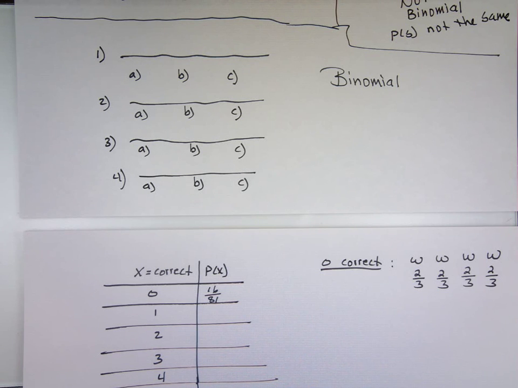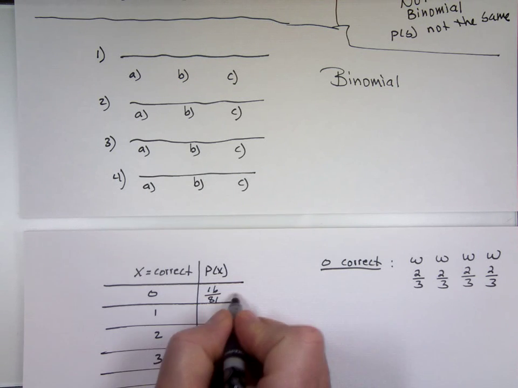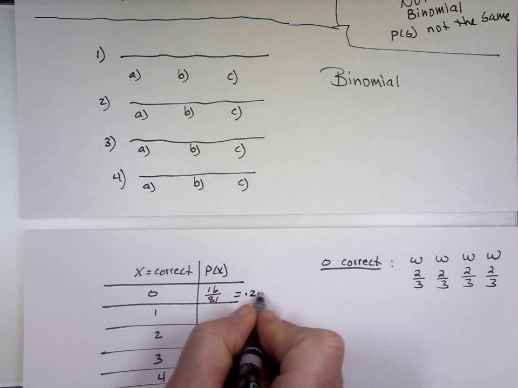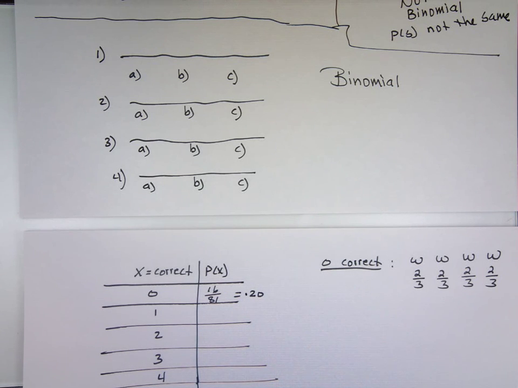We can do the math on that. 16 divided by 81 is almost 20%, 0.20. 20% chance, or 19.7% chance.